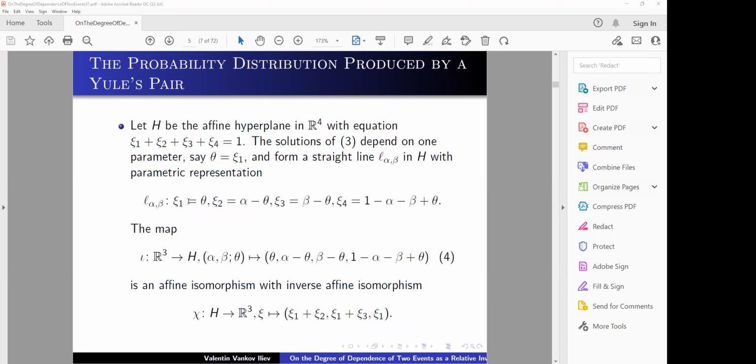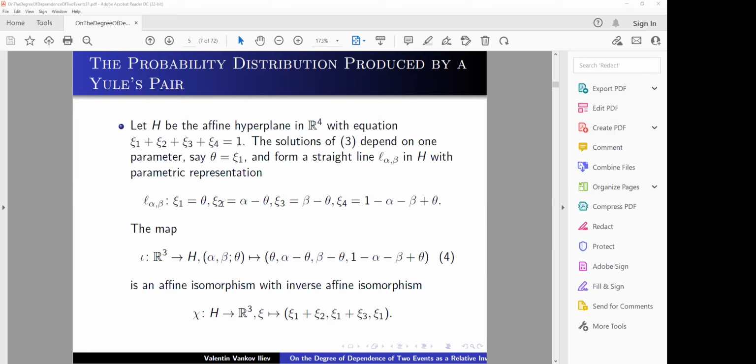We choose C1, the probability of the intersection of A and B, as a parameter theta. Then all other components of the probability distribution are expressed in this way. And obviously, the sum of all probabilities is 1 because this is a partition of the sample space.